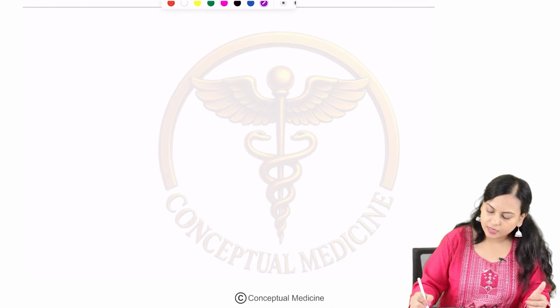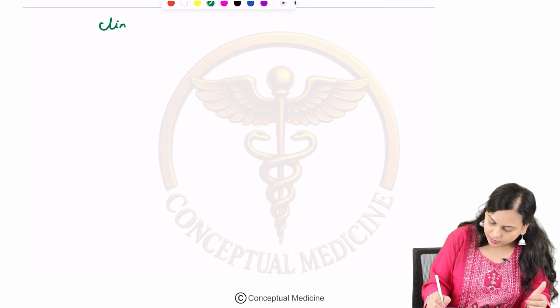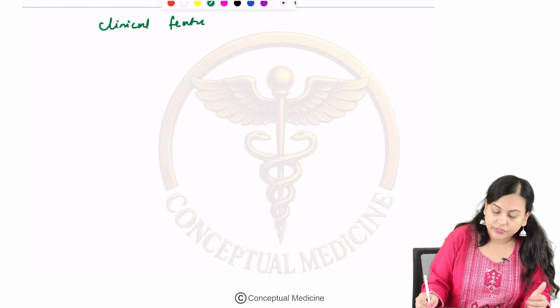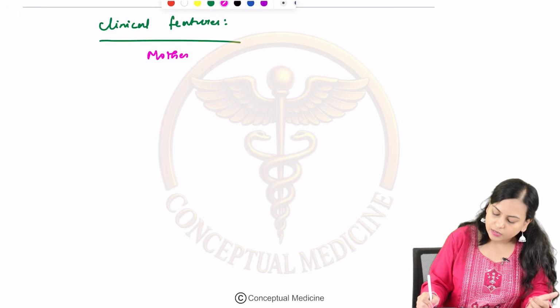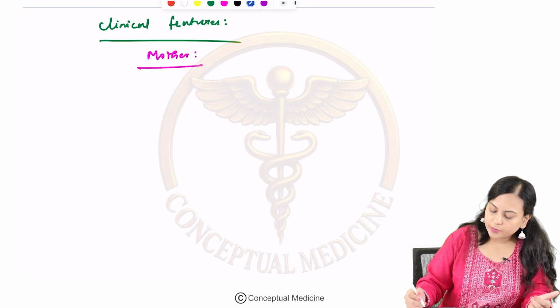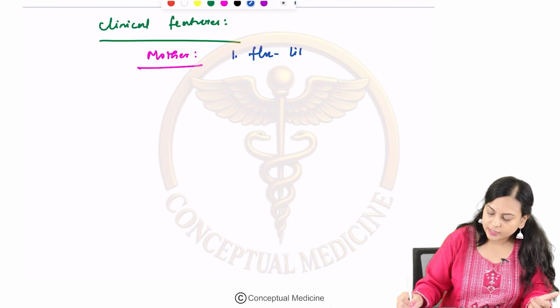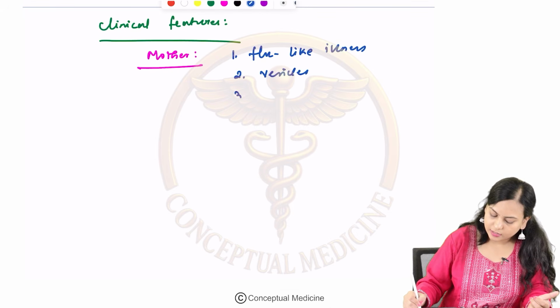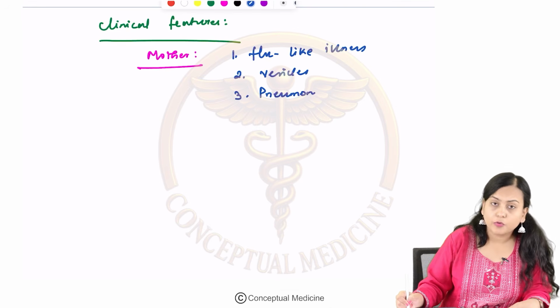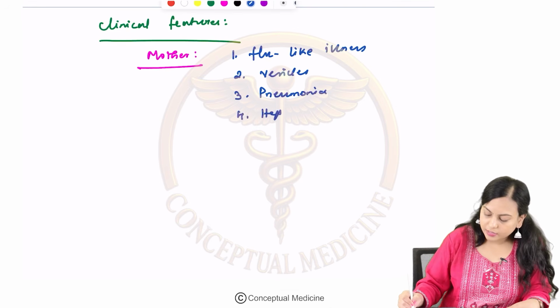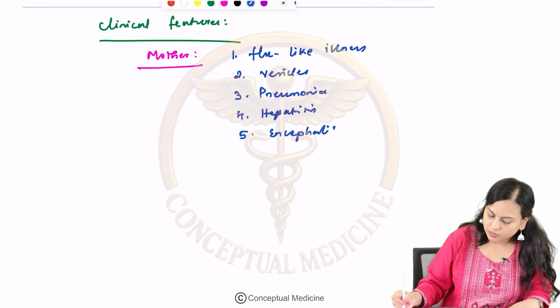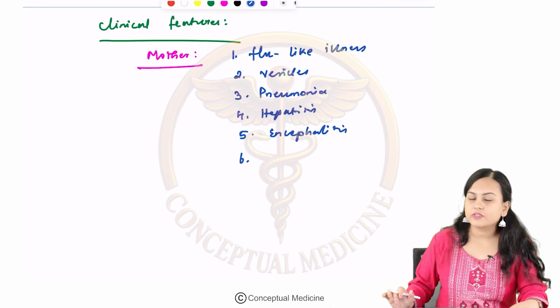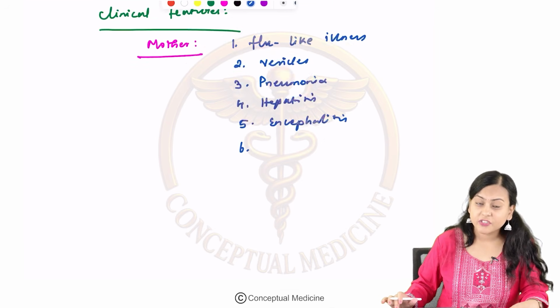Clear? Yes. And then we'll see the clinical features. Clinical features include, for the mother, you'll be able to see a flu-like illness. Then there will be vesicles. There can be pneumonia or hepatitis or encephalitis, and when it is reactivated, it is going to form, yes, it is shingles.